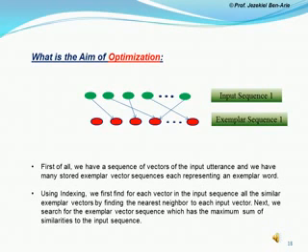Next, we search for the exemplar vector sequence which has the maximum sum of similarities to the input sequence. This exemplar sequence is recognized as the word uttered at the input.